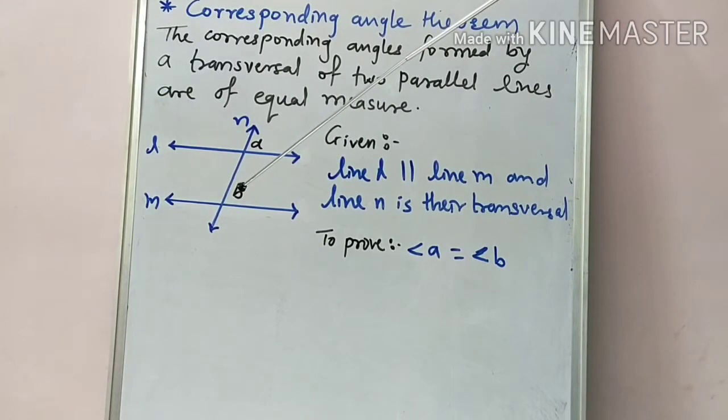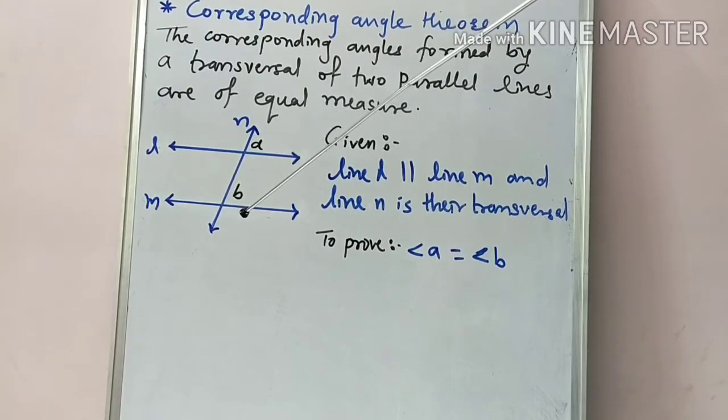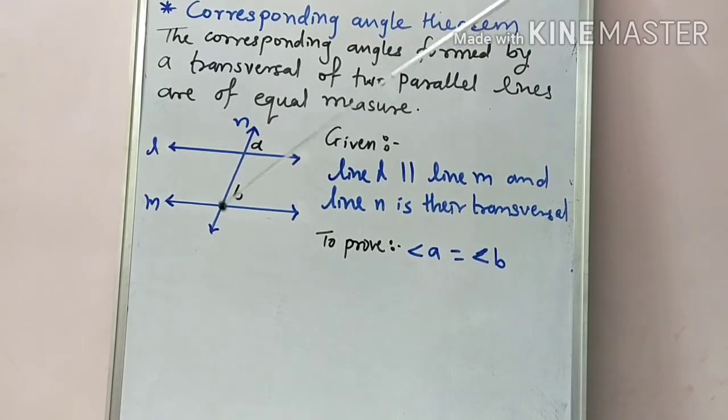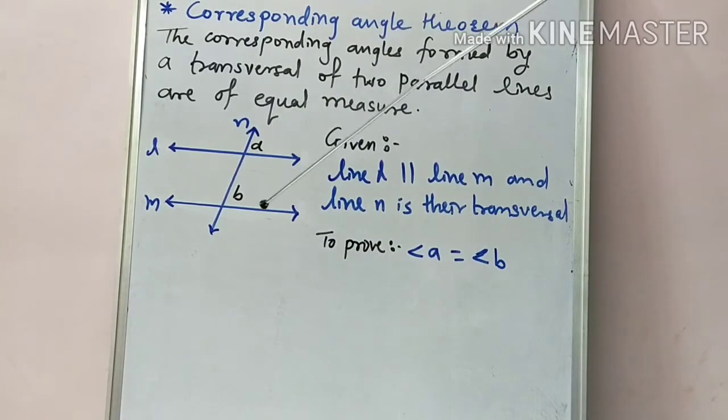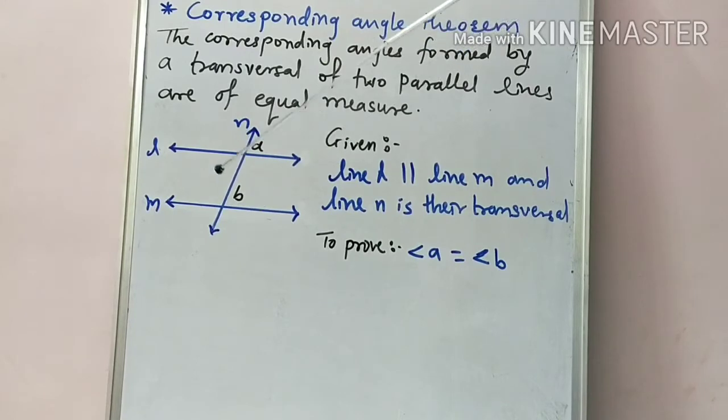So what we do here, we take the interior angle of that angle, and here we notice that we can take the interior angle of what? Angle B only. Okay, because B is in the interior portion of the lines, A is outside the lines, so we can take one angle which is interior to angle B.